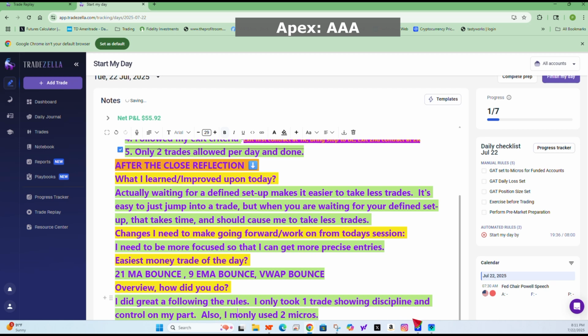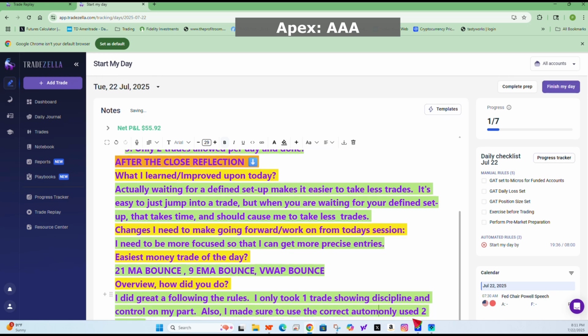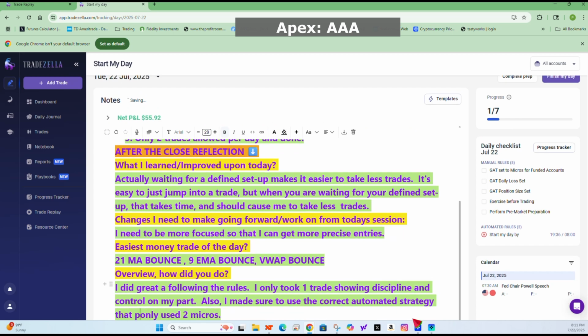Also, I made sure to use the correct automated strategy that properly set the two targets I needed to follow my exit plan.